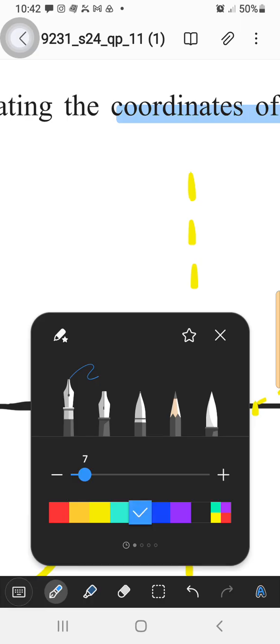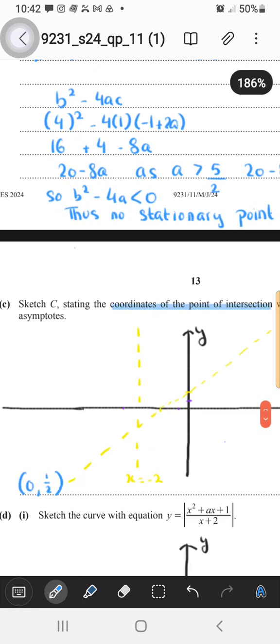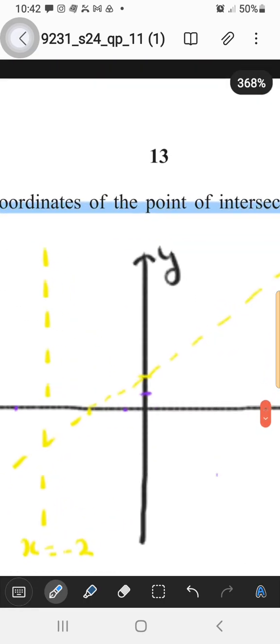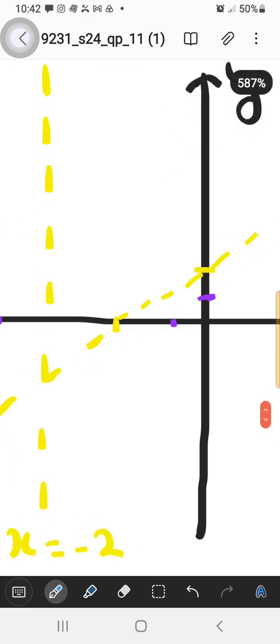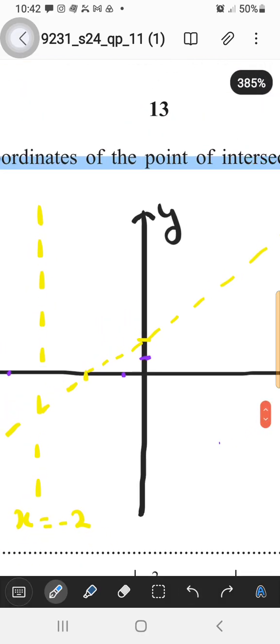Now we can sketch as everything is gathered here. Let me tell you, the curve will go along with this but never touch it. It will never cross it, it will just go along with it. Now here the curve will be like this.